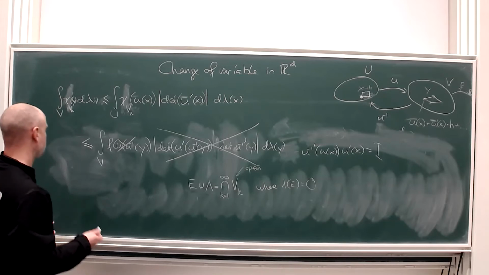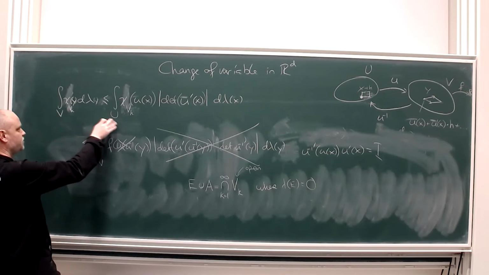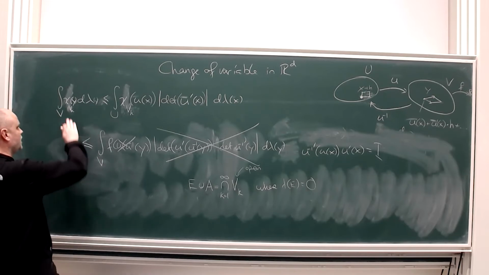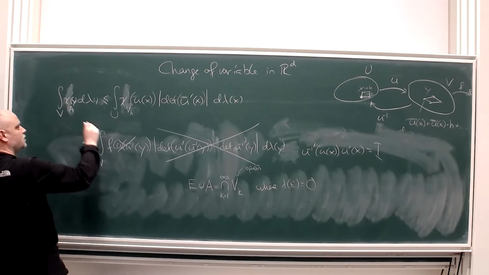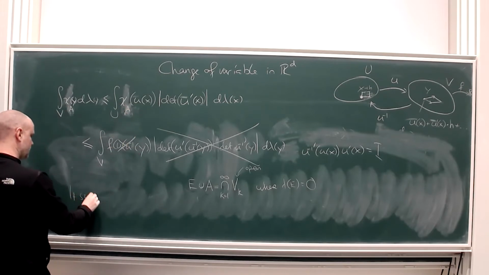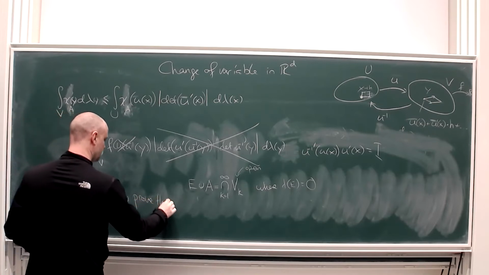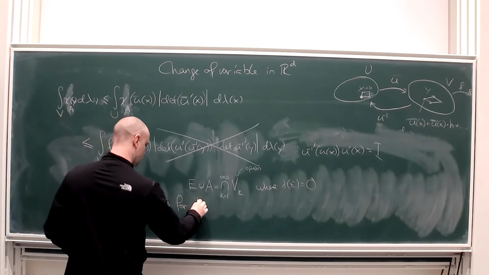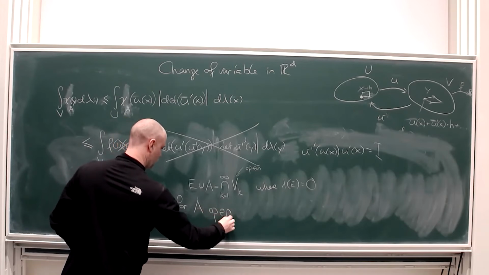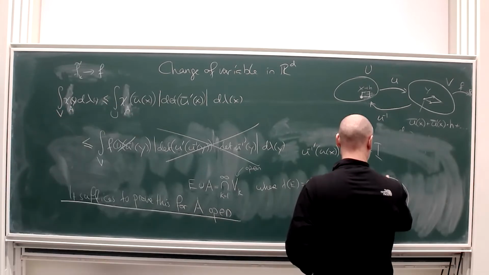So let's sum up this whole long discussion, that V is a bijection. I have V and U here. Okay, so I'll get back to A and say that it suffices to prove this for A open. This is the conclusion of what I've said so far.